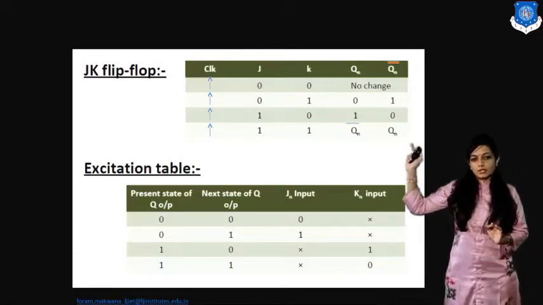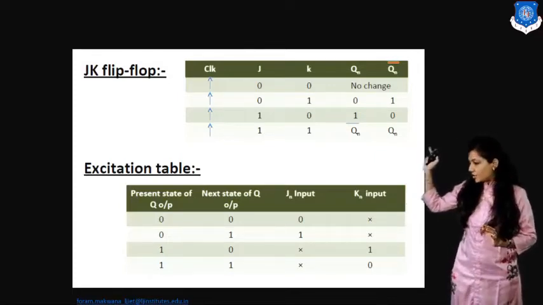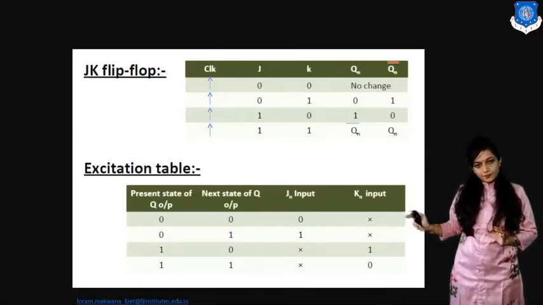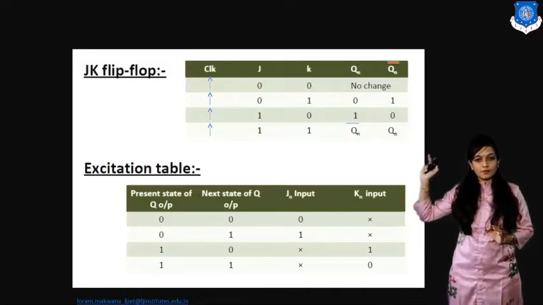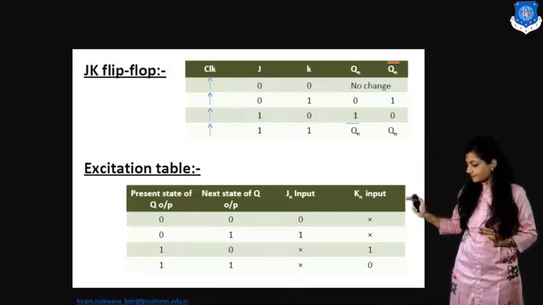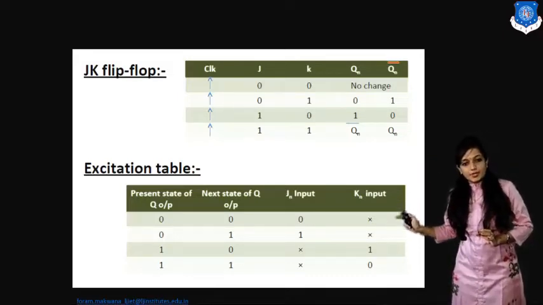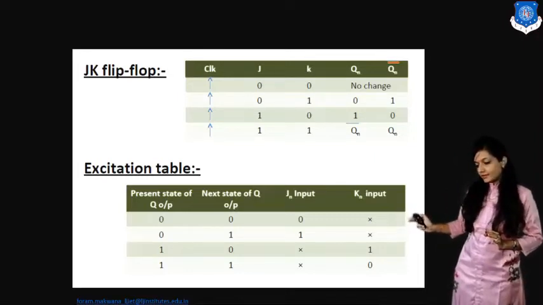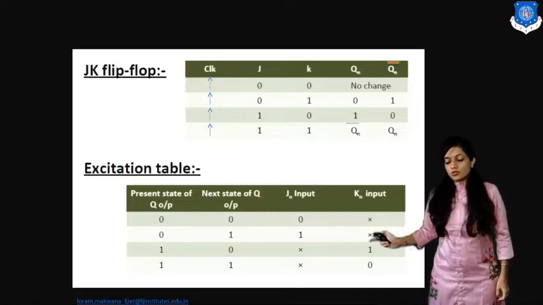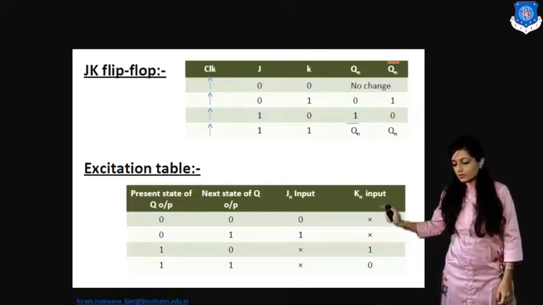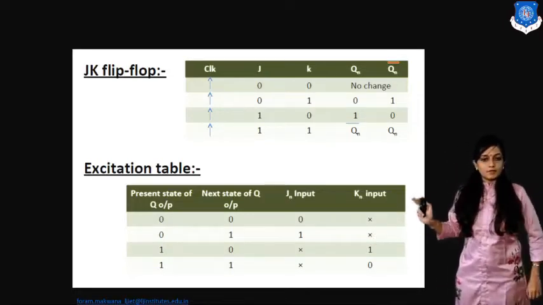Here we are going to derive the excitation table for the JK flip-flop, so we must have the truth table of the JK flip-flop. With the present state and the next state, we derive its inputs. The procedure is the same: 0 0, 0 1, 1 0, and 1 1.